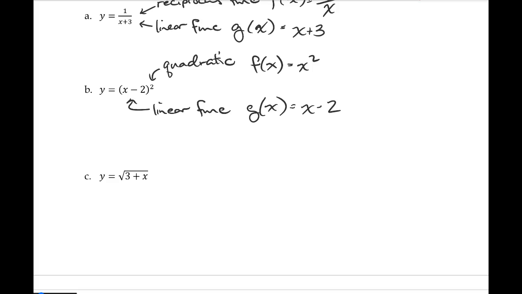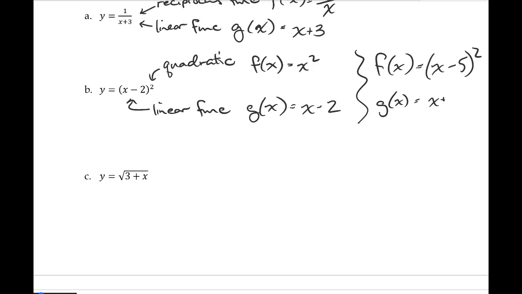Okay, so here I could see how this could become very easily convoluted. If you went and said f of x equals x minus 5 squared, and then g of x equals x plus 3.